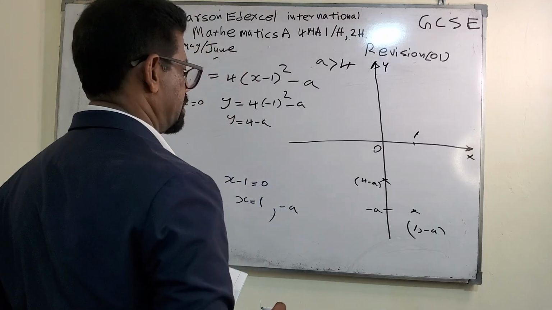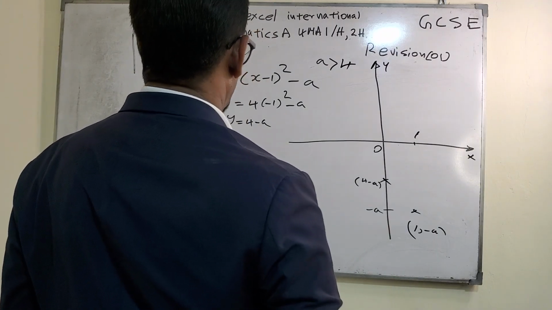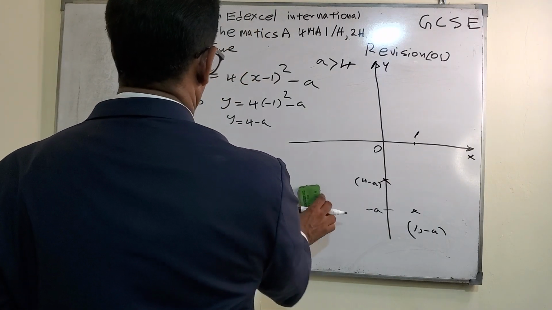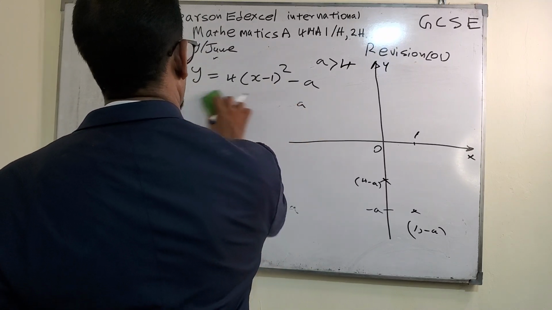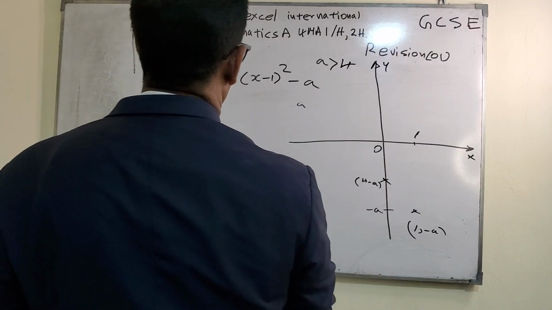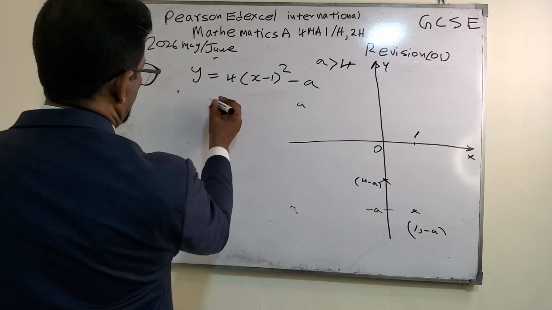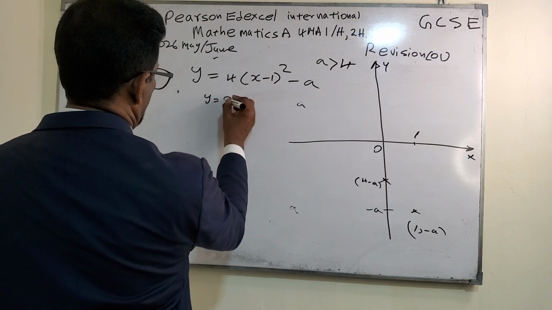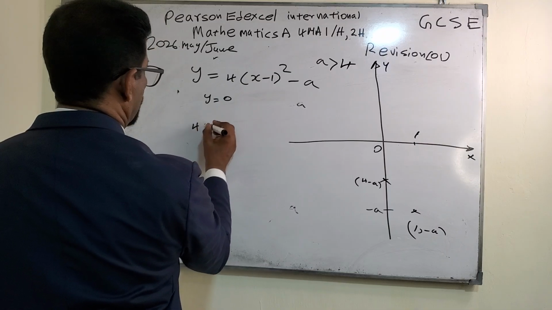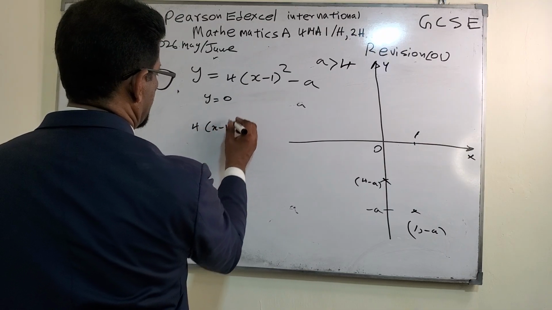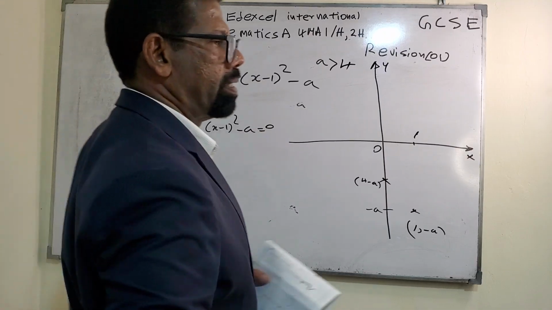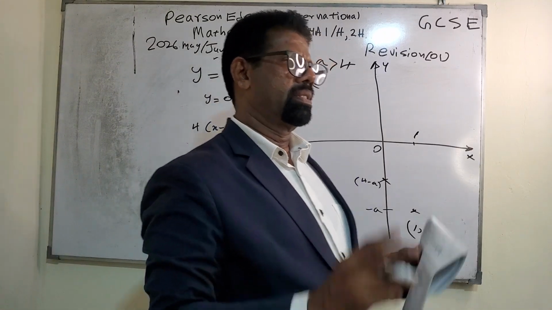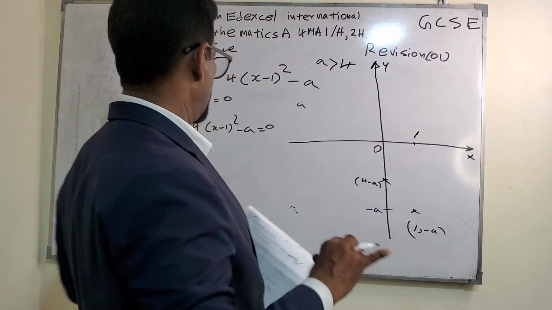For the x axis intersect values, put y equals 0 in the equation. So 4(x minus 1) squared minus a equals 0. The x axis means y equals 0.